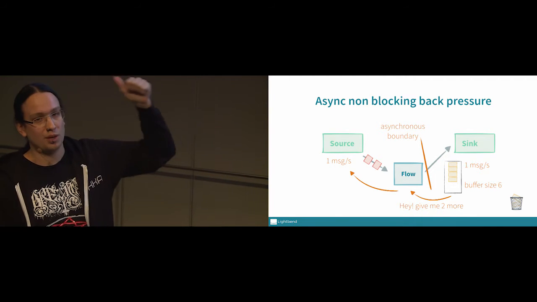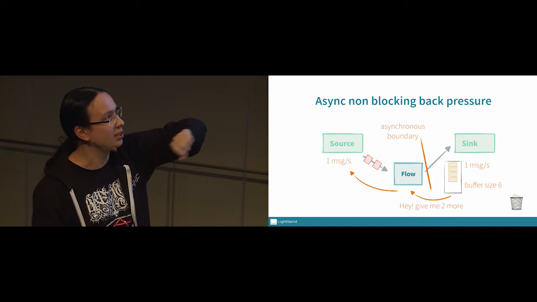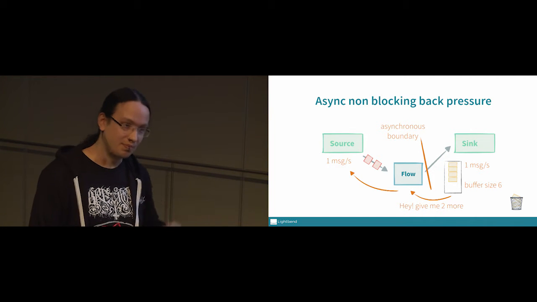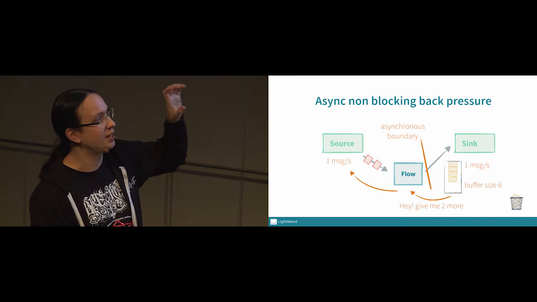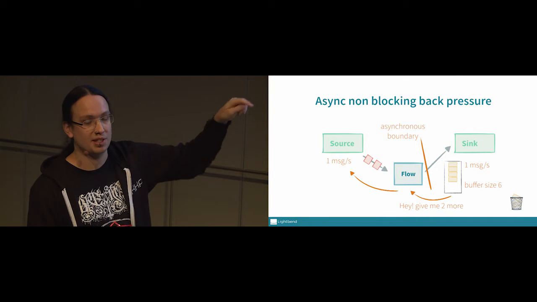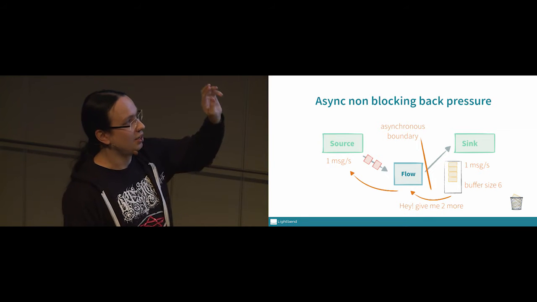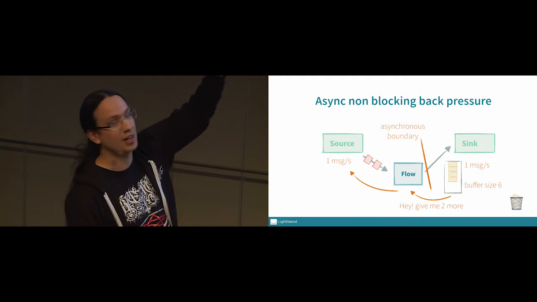And pass that on backwards. That means that the flow in the processing stage in the middle can ask the source and say, hey, I can process 2 elements because I know downstream someone has asked for those. And upstream can never be allowed to send more elements than downstream has asked for, right? So this means that a slower downstream will effectively also slow down the source.